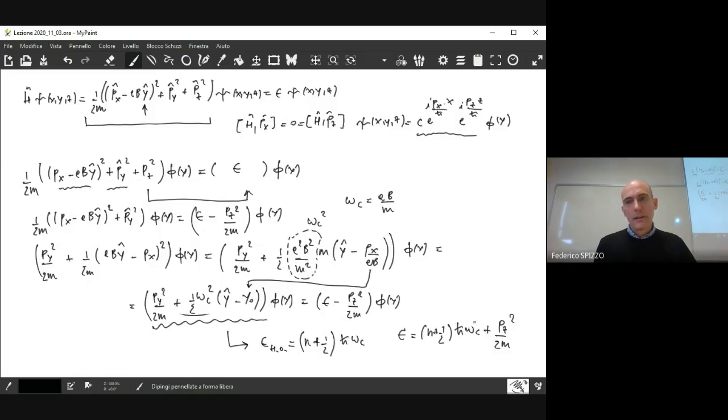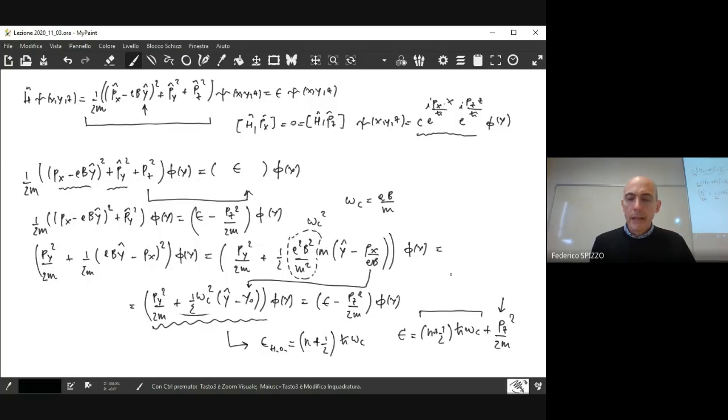So the conclusion is that the presence of a magnetic field along the z direction does not affect the energy contribution of the electrons along the same direction, but produces the major changes along the plane that is orthogonal to the direction of application of B. Because if you notice here, we have just the z component, and then in place of px squared and py squared, you have this contribution.